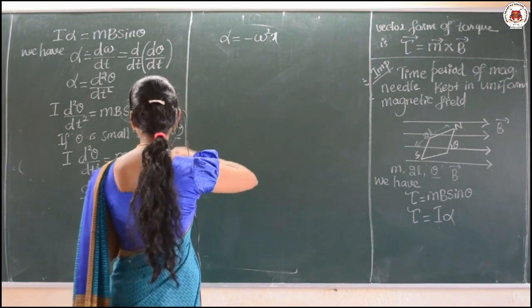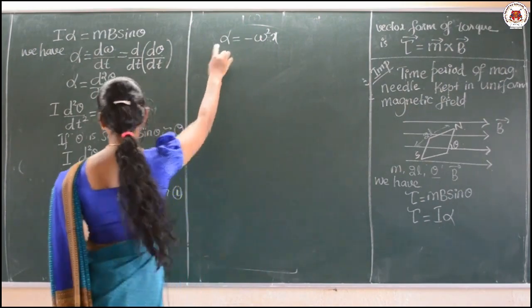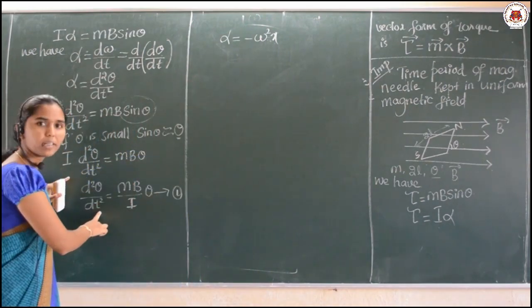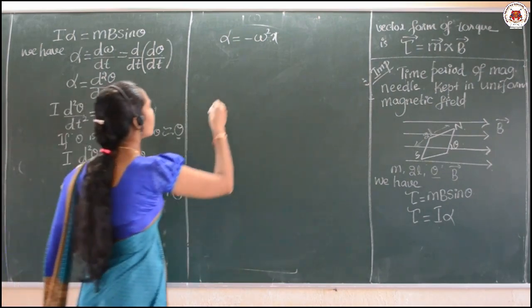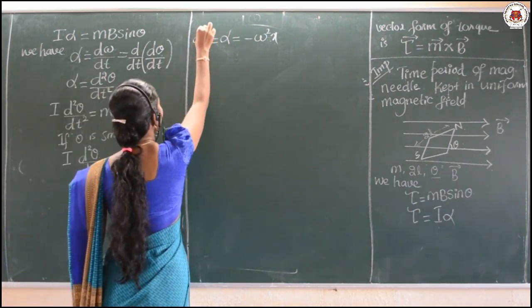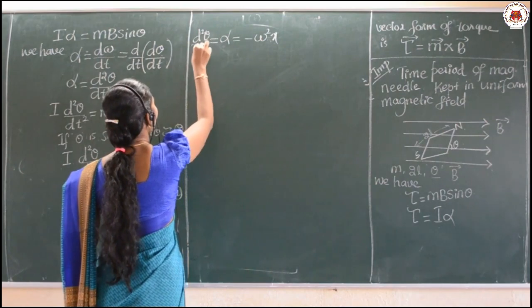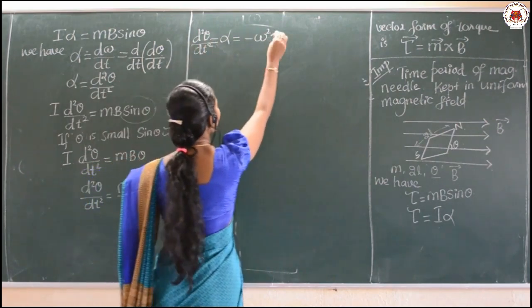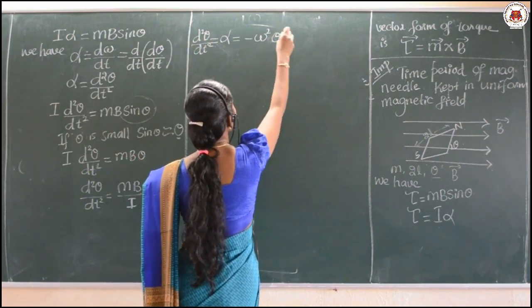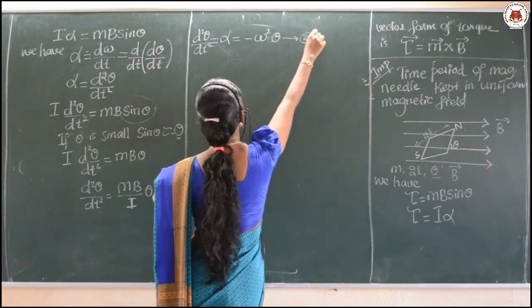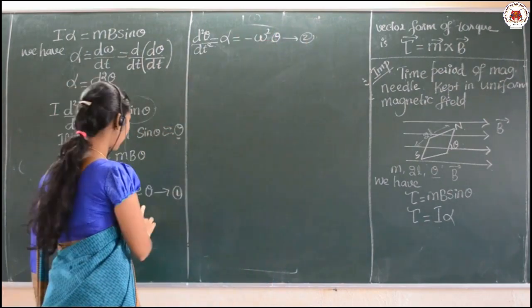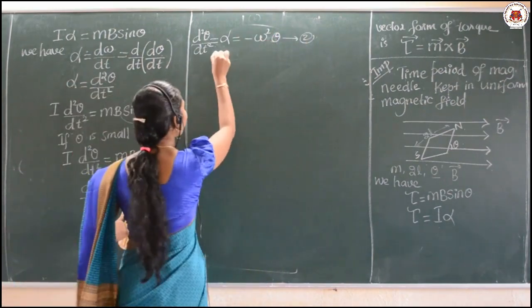Then alpha is nothing but d square theta upon dt square. So you can write d square theta upon dt square is equal to minus omega square into theta, call it equation number 2. So compare both the equations 1 and 2.